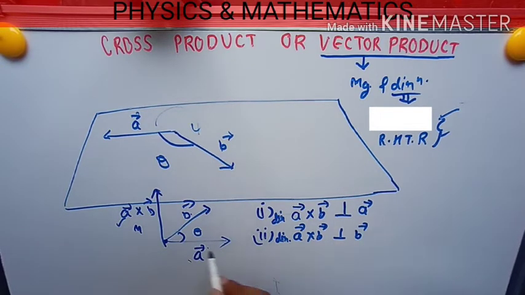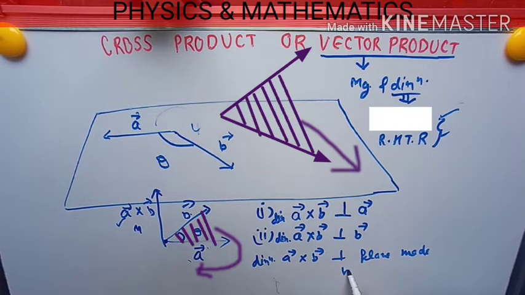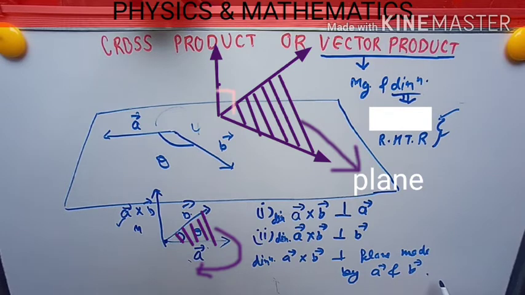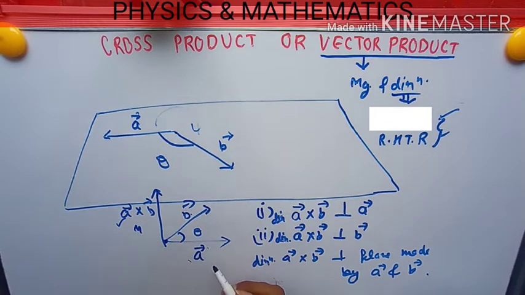And look, the direction of A cross B will also be perpendicular to the plane made by vector A and vector B. Okay, and what is theta? Theta is the angle between the direction of A vector and the direction of B vector.